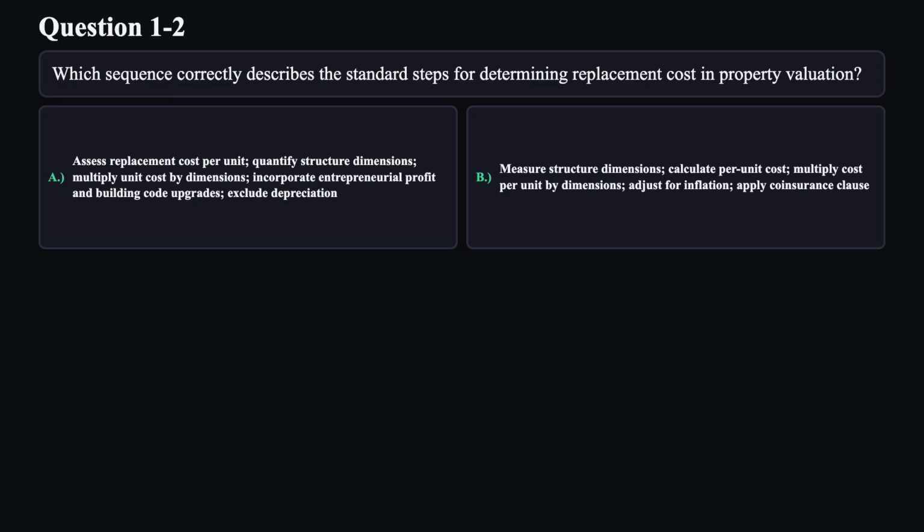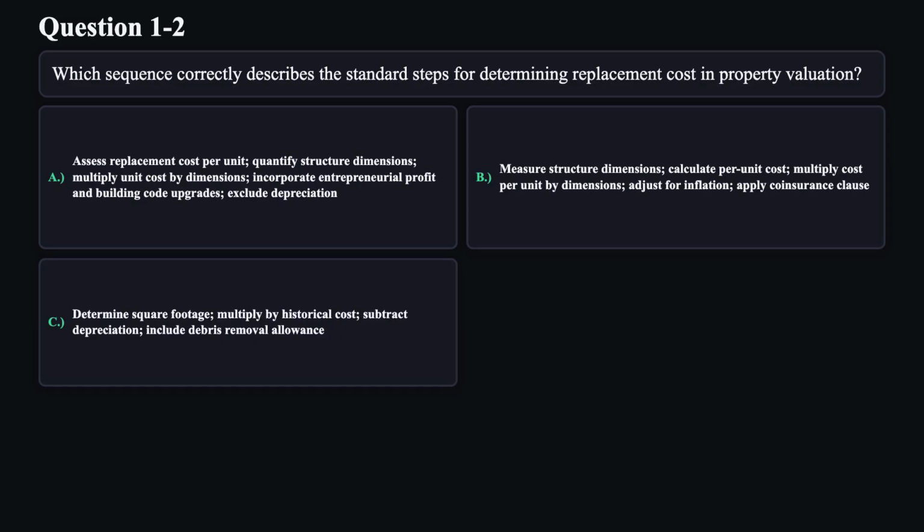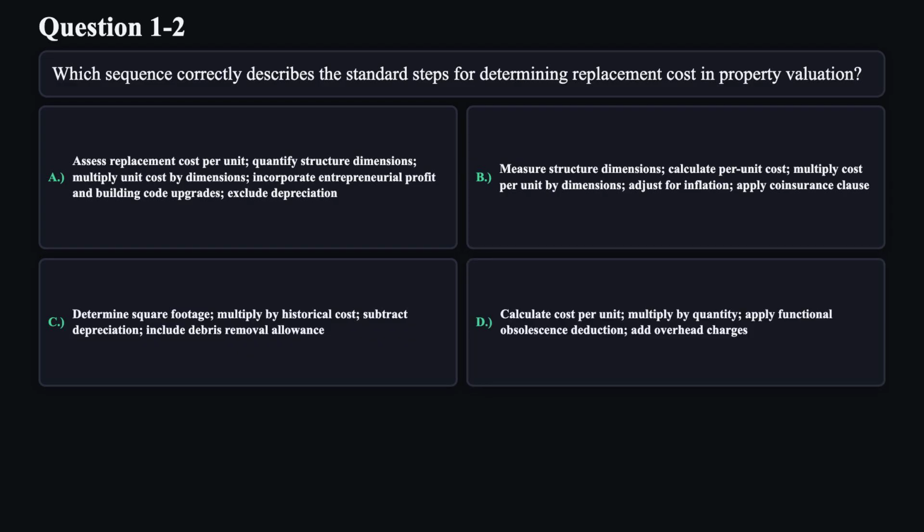Calculate per unit cost. Multiply cost per unit by dimensions. Adjust for inflation. Apply coinsurance clause. C. Determine square footage. Multiply by historical cost. Subtract depreciation. Include debris removal allowance. D. Calculate cost per unit. Multiply by quantity. Apply functional obsolescence deduction. Add overhead charges.